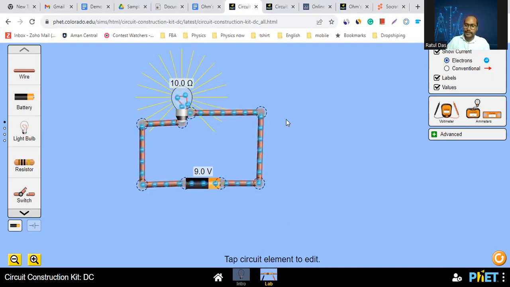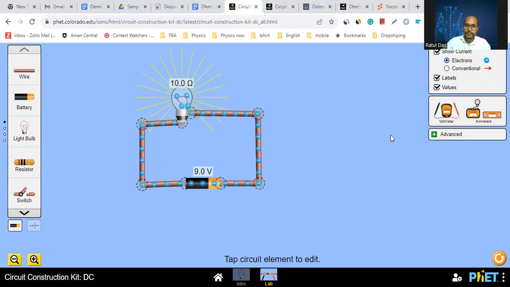And do you notice another thing in this circuit? Yeah, electrons are moving. Blue color particles are electrons. These are moving. We have seen the electrons are moving and the bulb is glowing.